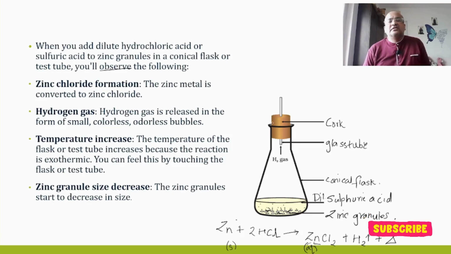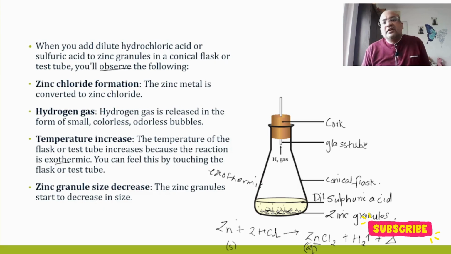So hydrogen gas is released, and if I touch this flask from outside, I see that the temperature of the conical flask has increased. Before the reaction it was a normal temperature. After the reaction, the temperature has increased. What does it suggest to us? It suggests that the reaction is exothermic. So an exothermic reaction has taken place, right?